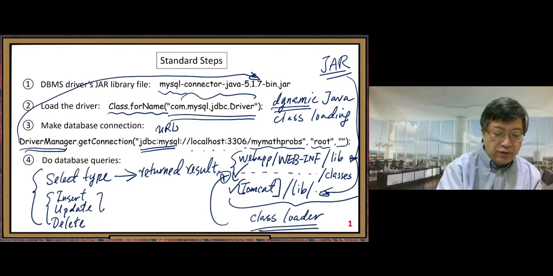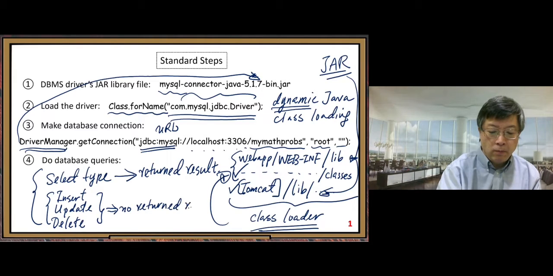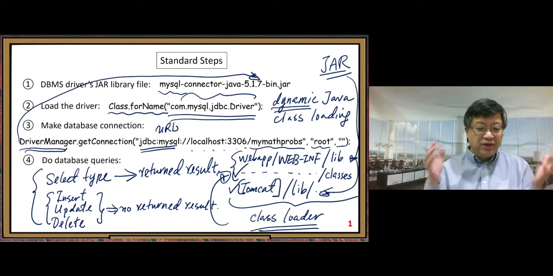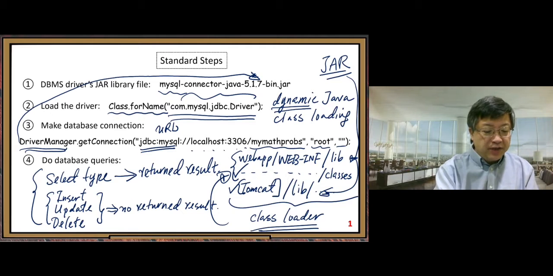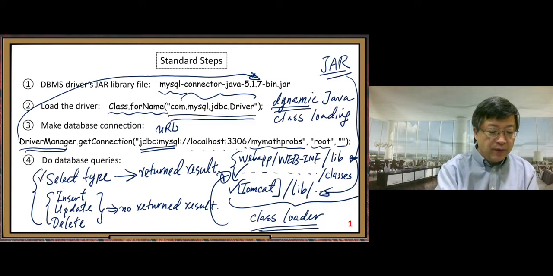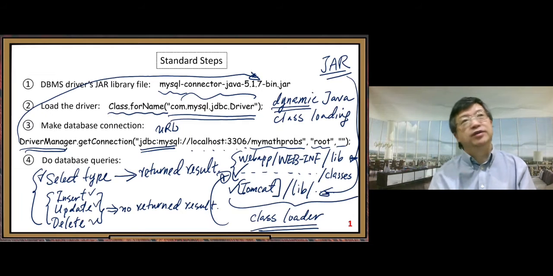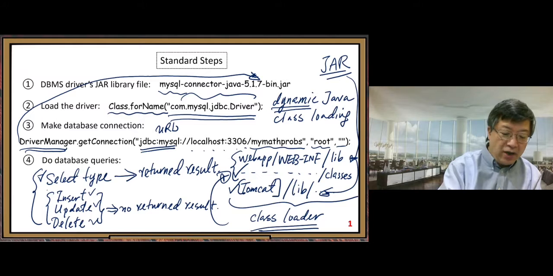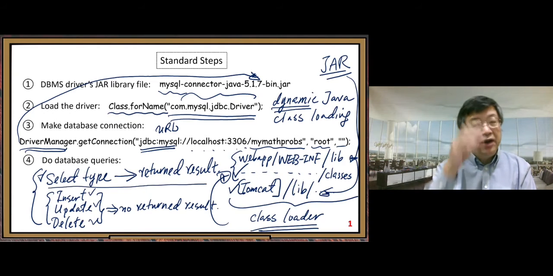For all these three, there is no returned result, so you do not need to process a return result. Next slide, I will explain this one. These three are pretty easy and straightforward, so we can do them easily. The select type, you need to do a little more work.